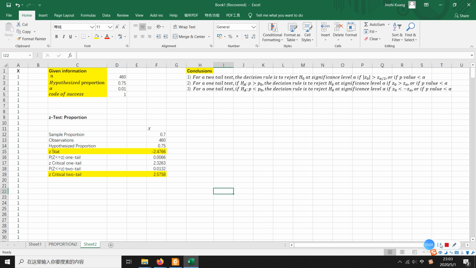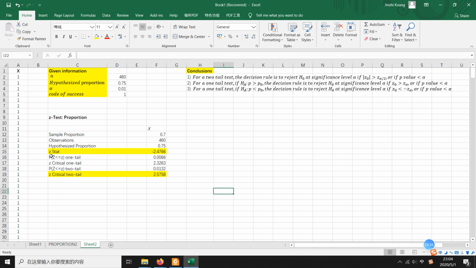So H0 is not rejected at 1% level of significance. For the second circumstance, for a one-tailed test, if the alternative hypothesis is the population proportion is higher than P0, the decision rule is to reject H0 at significance level alpha if the Z statistic is higher than the Z critical value for one-tailed test.